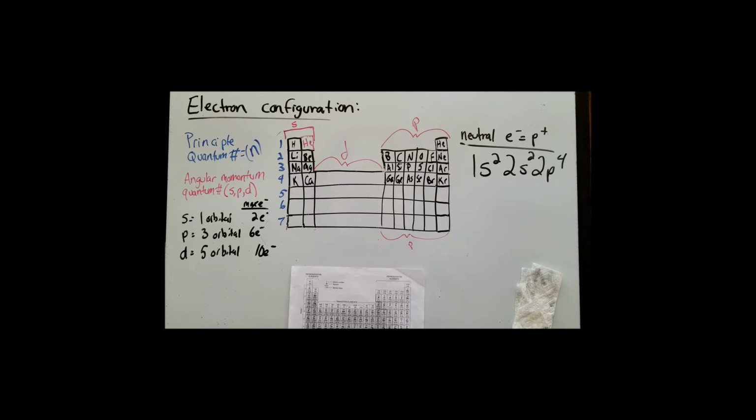Which atom am I describing? Well, let's start by looking at some of the properties of this. These large numbers here are my principal quantum numbers. Those are telling me which row I'm looking in. Now the letters are my angular momentum quantum numbers.